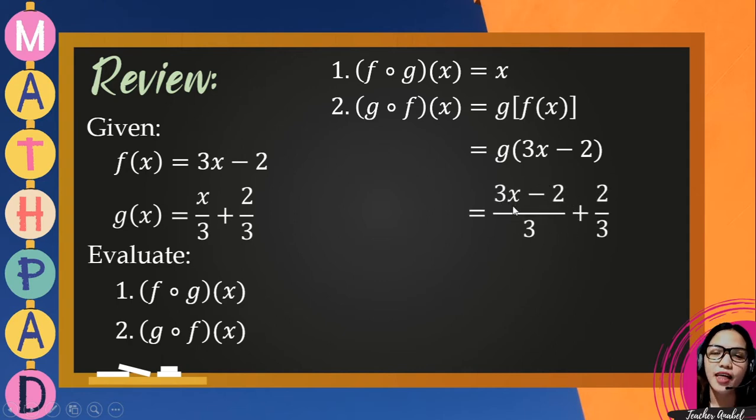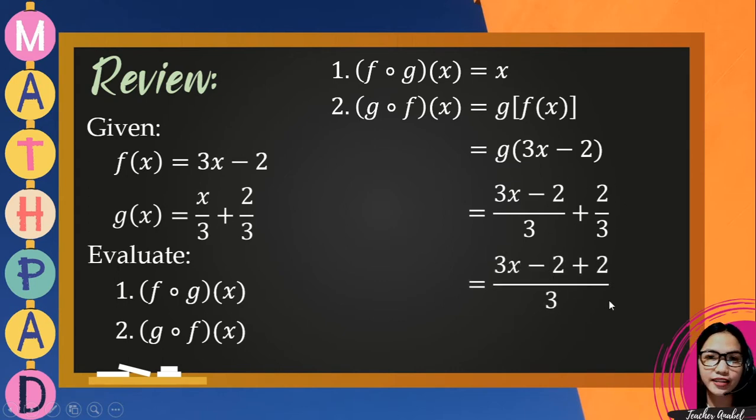Okay? Then, since it has a common denominator, we can combine the numerators, right? And negative 2 plus 2 is 0. So, natira na lang sa atin is 3x over 3.